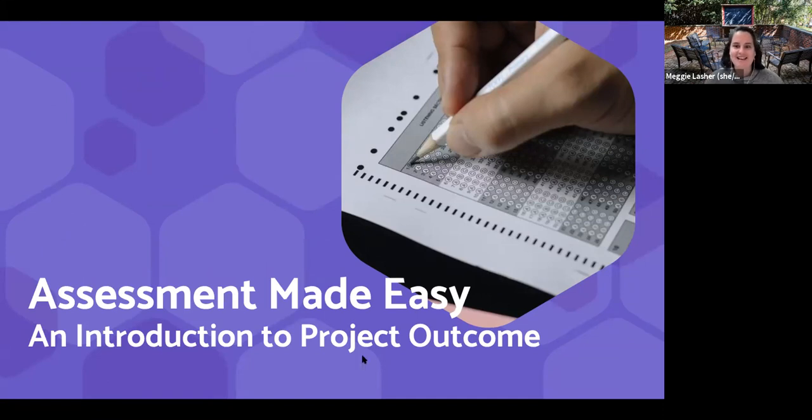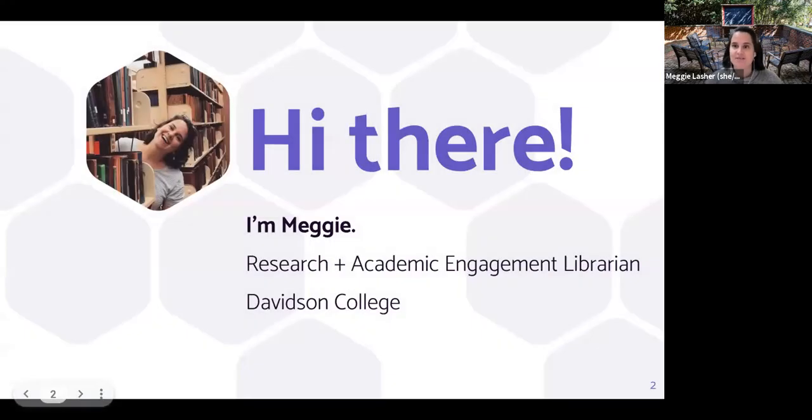Like Devin said, I am the research and academic engagement librarian at Davidson College. This photo is a little misleading because there I am at UT Austin exploring the stacks there.